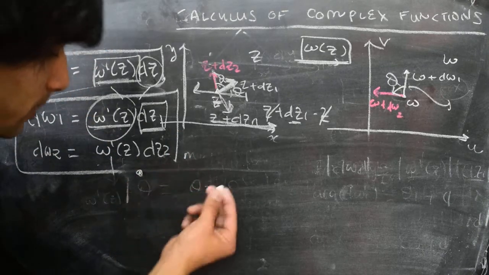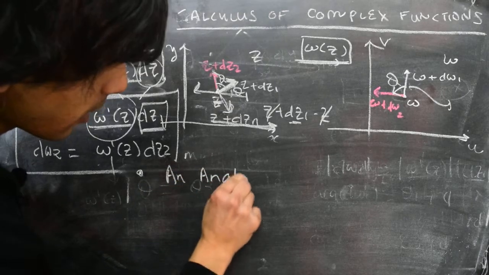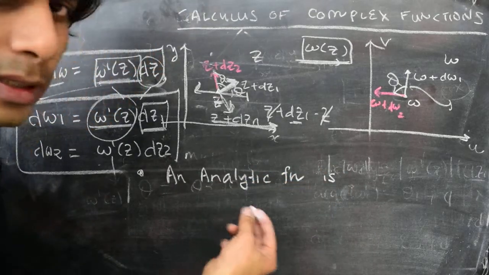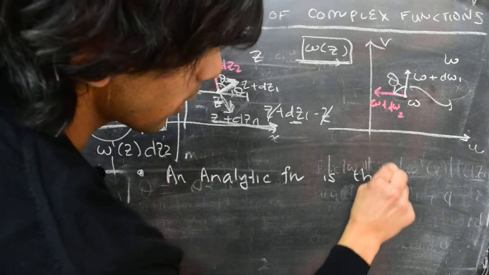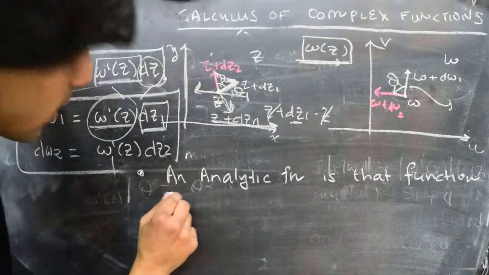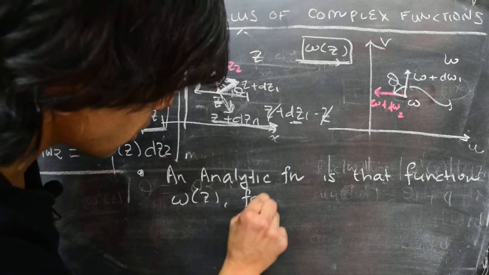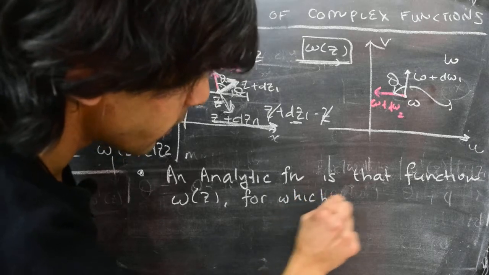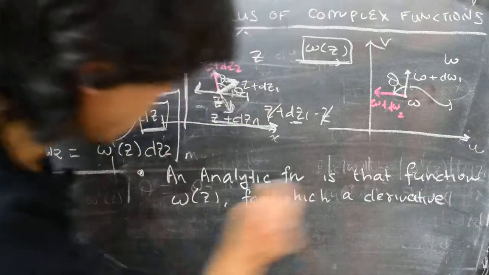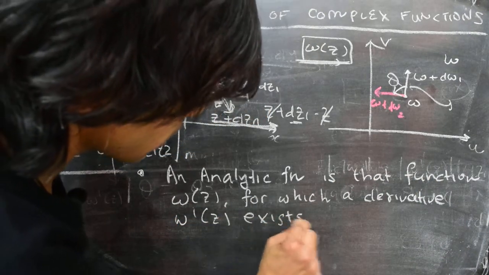So, simply speaking, a complex analytic function is that function w of z for which a derivative w prime z exists, right?